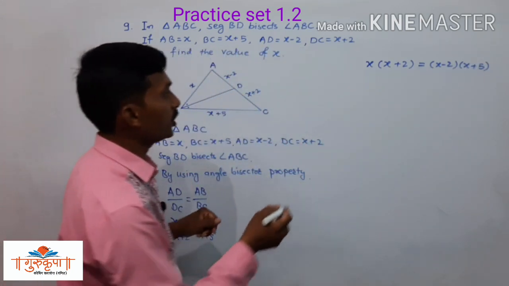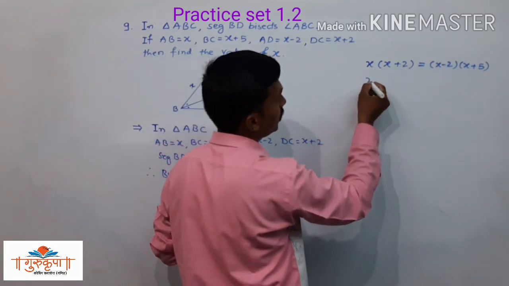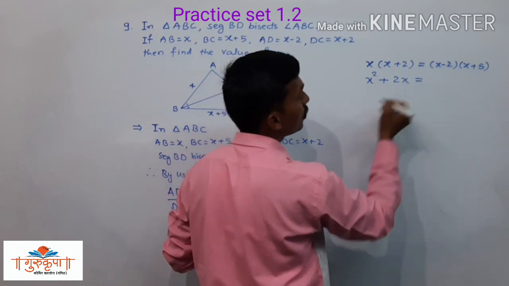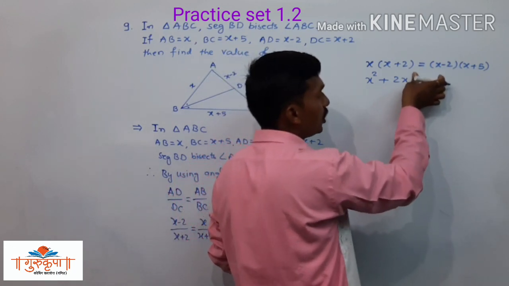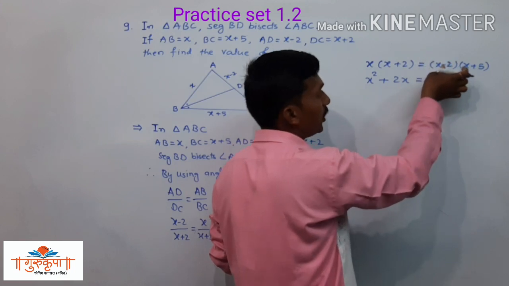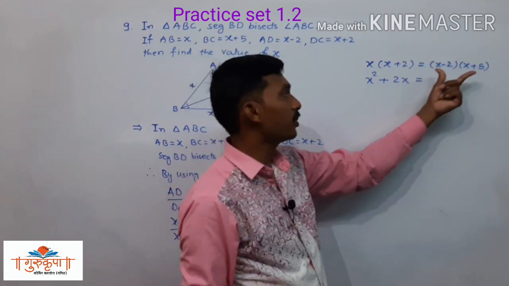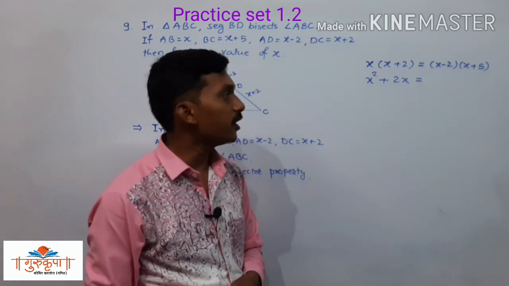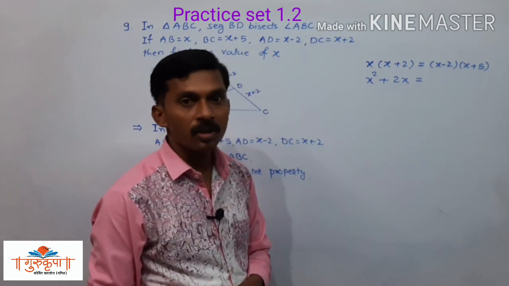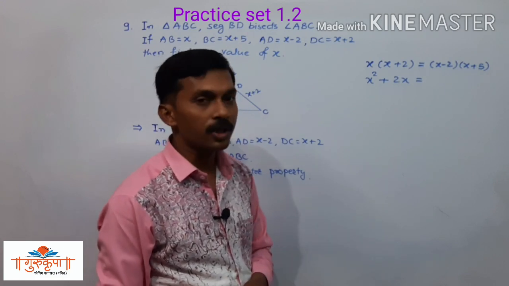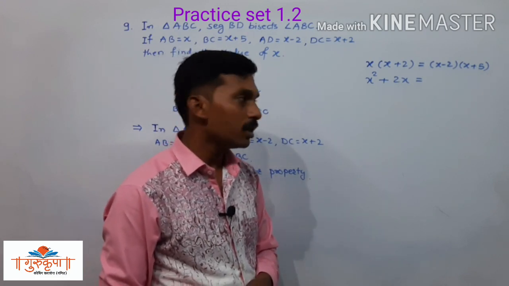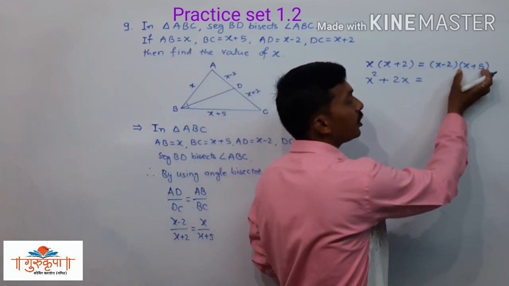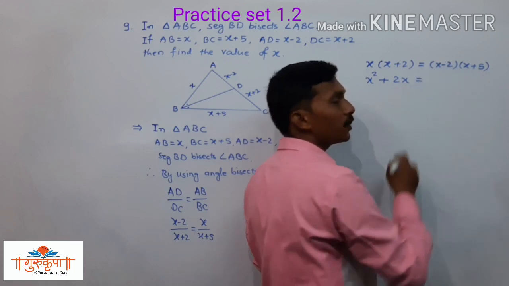Now take the multiplication. x multiplied by x is x square plus x multiplied by 2 is 2x, that is equal to, here we can use the formula, we have an identity. If both the brackets have one term common, then we have an identity to make the product, but not every student knows that identity, so we can multiply each and every term of x plus 5 by x minus 2.